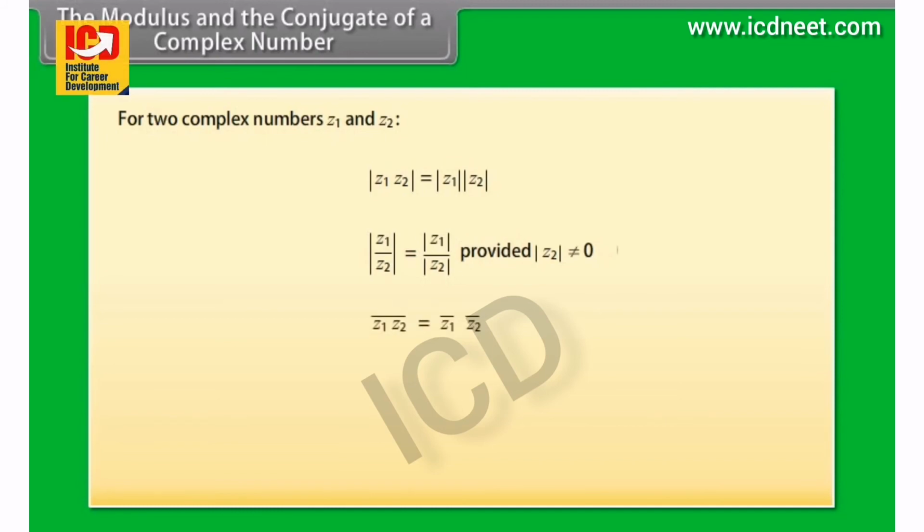Complex conjugate of the product of z1 and z2 is equal to complex conjugate of z1 into complex conjugate of z2. Complex conjugate of z1 plus or minus z2 is equal to complex conjugate of z1 plus or minus complex conjugate of z2. Complex conjugate of z1 by z2 is equal to complex conjugate of z1 by complex conjugate of z2, provided z2 is not equal to 0.